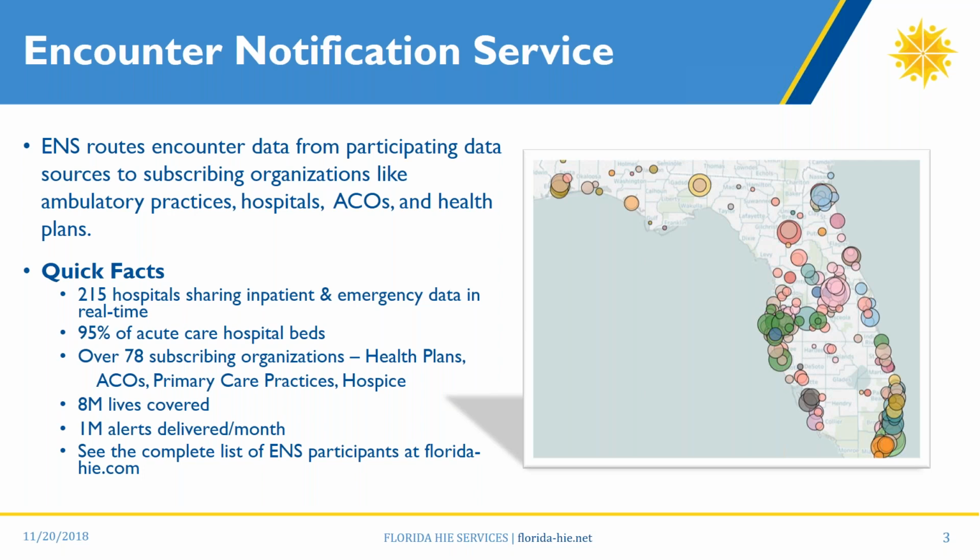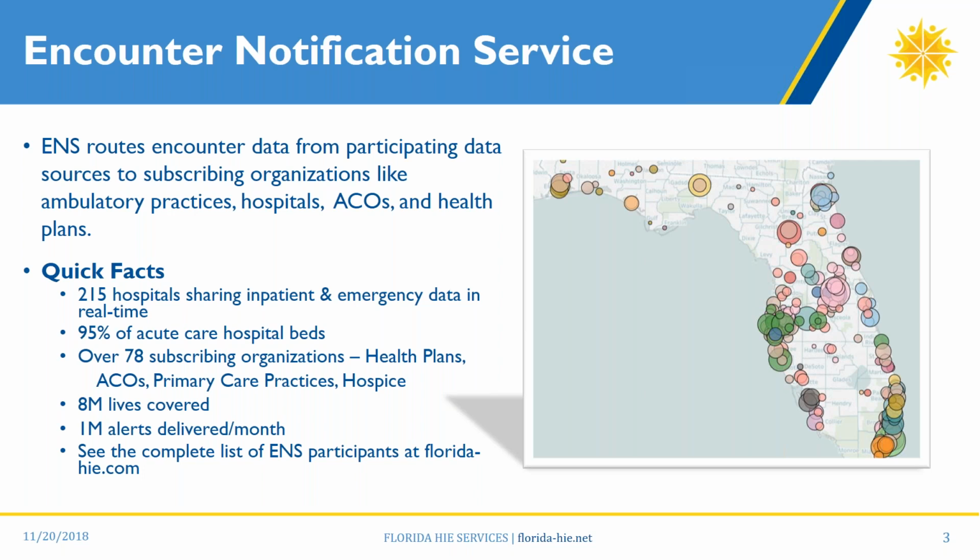And primary care providers are also getting this information through some of our subscribing organizations. Well over 10,000 primary care providers receive information from these alerts from health plans that they work with, ACOs, larger primary care organizations, practice organizations.